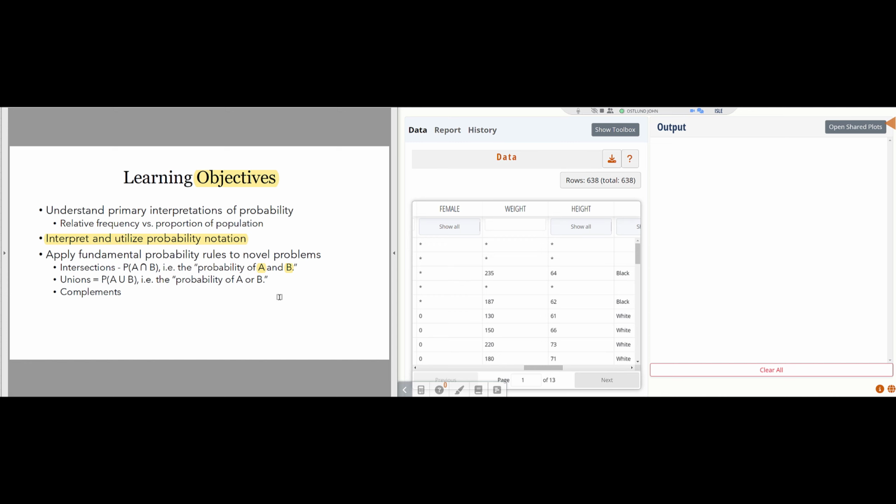Now, when an experiment is performed, or when a trial is performed, or when a sample is taken from a population, some outcome occurs. If you flip a coin, you get a head or a tail on the coin.